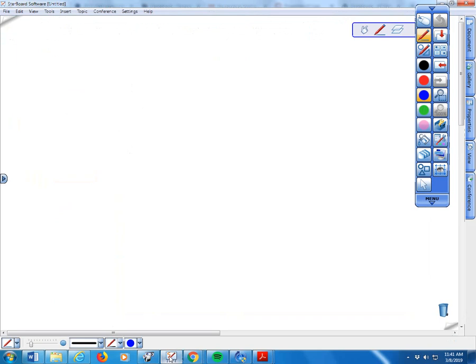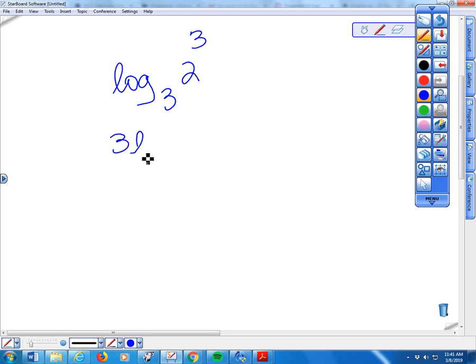As an example, let's do log base 3 of 2 cubed. This is the same as 3 log base 3 of 2. Okay, and I don't know if you remember, but I'm trying to think of the phrase we call it. Change of base formula.